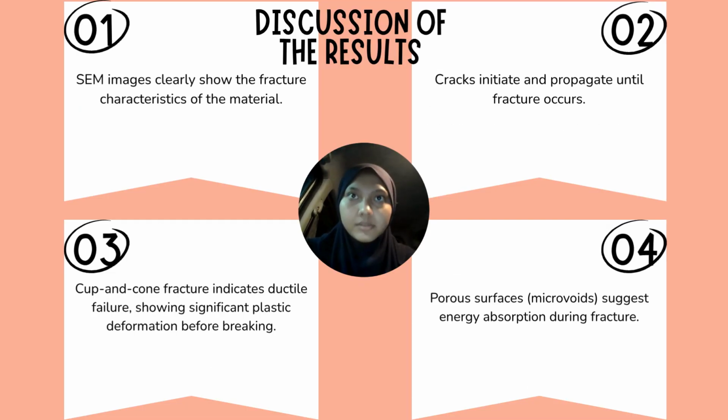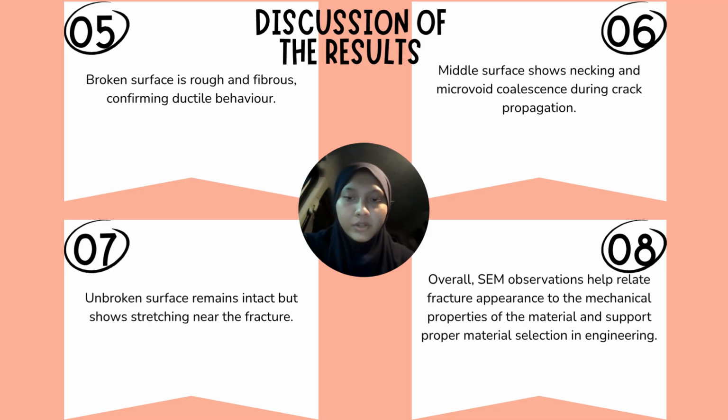Discussion of the results. Based on the SEM observation, several fracture surface characteristics were identified. First, cracks initiated and propagated until the material fractured. The sample also showed a cup and cone fracture, which is the main characteristic of ductile failure. This indicates that the material underwent significant plastic deformation before fracturing. In addition, the porous surface revealed the formation of microvoids during the fracture process. We continue.